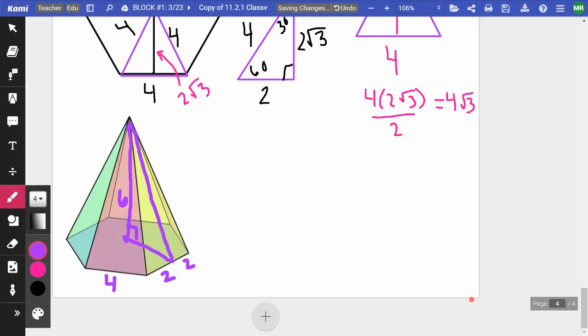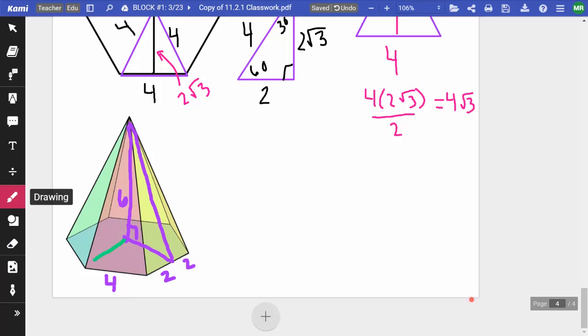Now, the distance from here to here is 4, but from here to here is not 4. That was 2 root 3. So this piece right here is going to be 2 root 3.